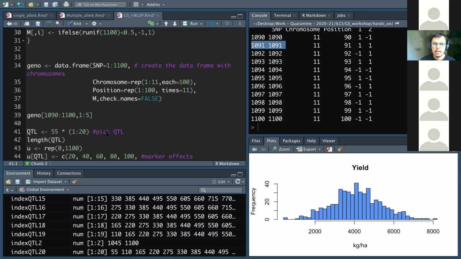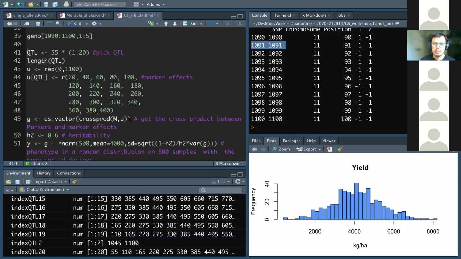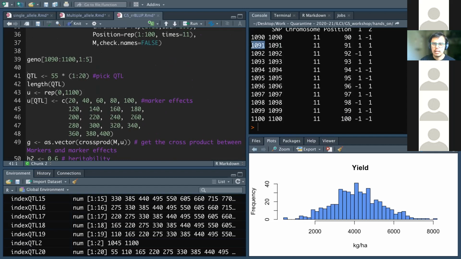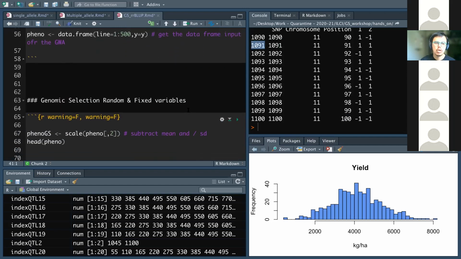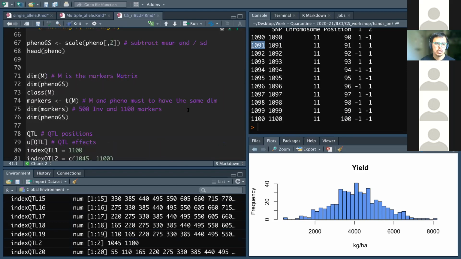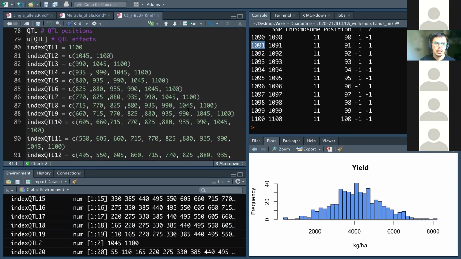So what I'm doing here to fix the variable is just using a column, because I have that information in the column, using the order in which I have the SNPs in the matrix with the molecular markers.